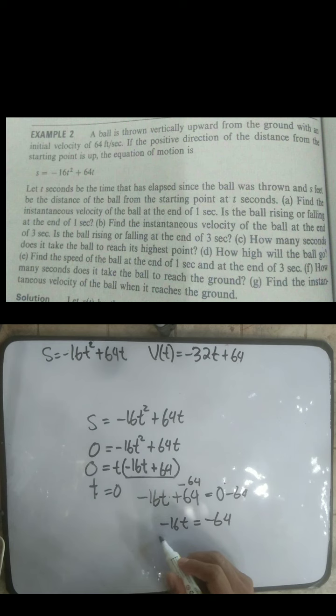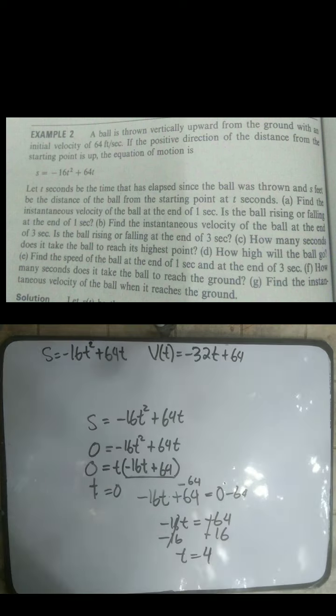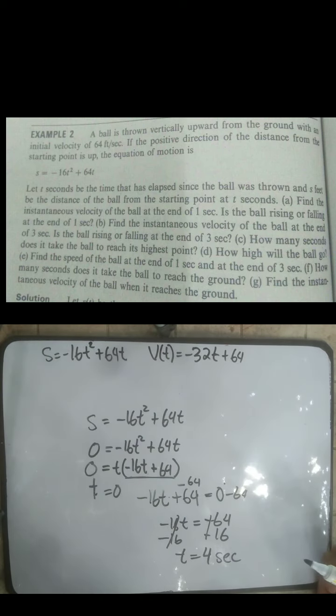Then divide both sides by negative 16, so our t is equal to 4. So it takes 4 seconds for the ball to reach the ground.